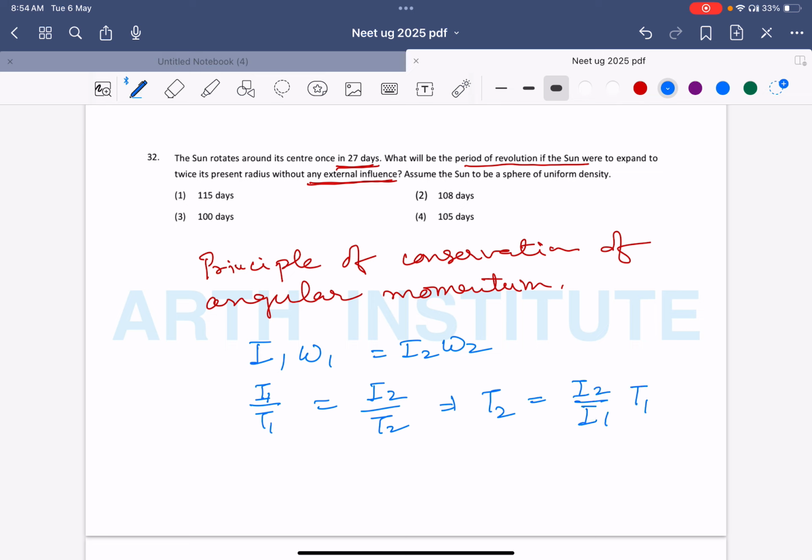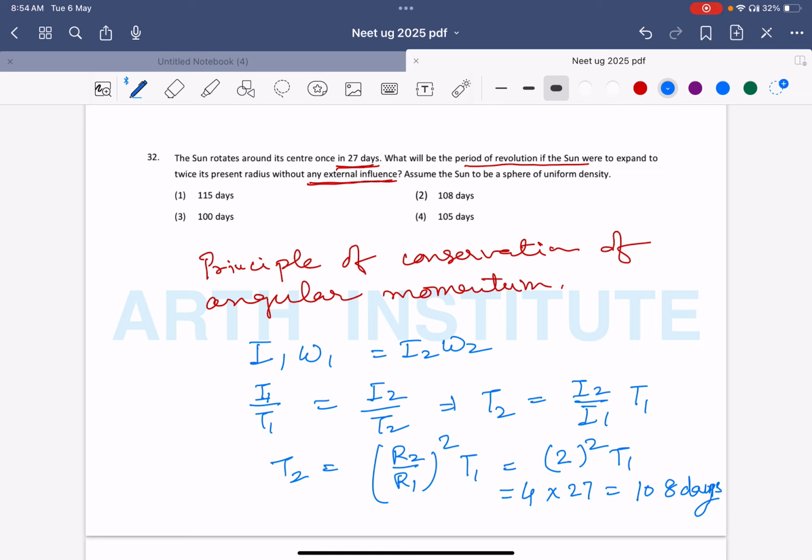Now, as you know that moment of inertia is proportional to square of the radius and mass has not changed, therefore I can simply say that T2 is equal to R2 by R1 square into T1. Now, R2 is twice the present radius, so this R2 by R1 is 2, 2 square into T1, and this is 4 times 27, and this is 108 days.